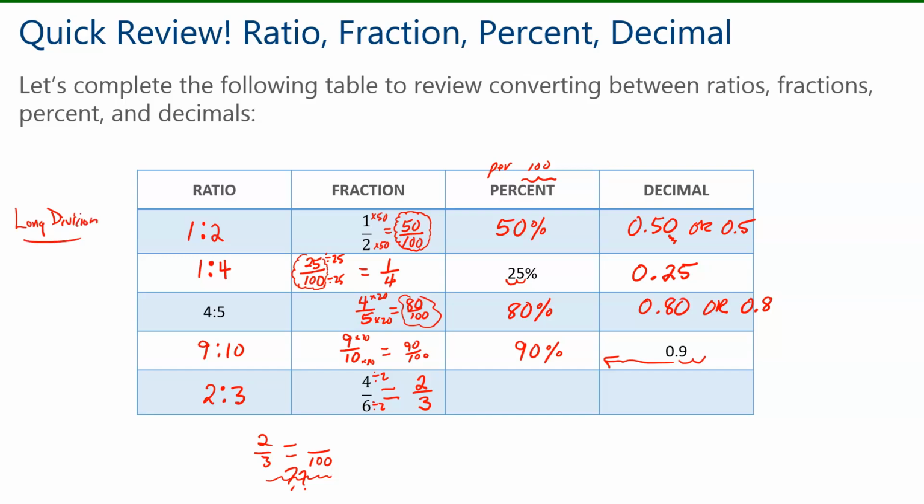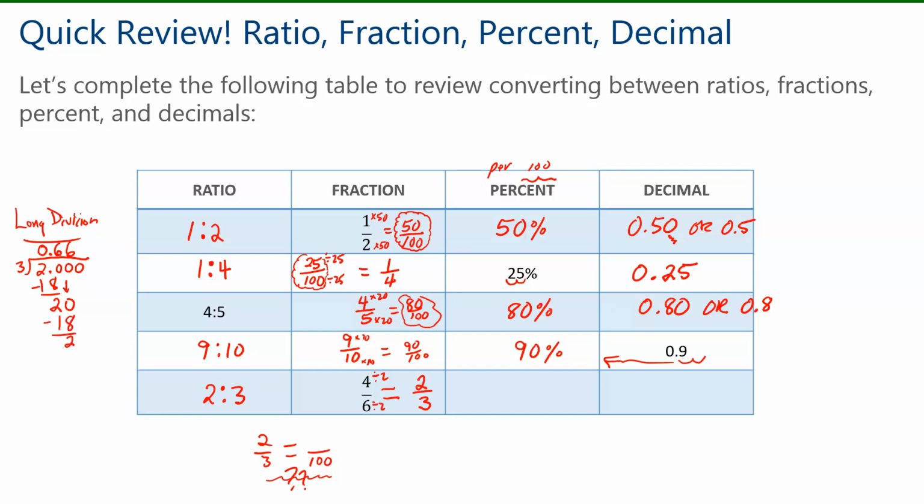To do that, I'm going to take my denominator, 3, divide into my numerator, 2, and I'm going to put in some zeros. 3 cannot divide into 2, so I put a 0, line up my decimal. 3 will go into 20, 6 times, gives me 18. Subtract, I get a 2. Bring down my next 0. 3 into 20, 6 times. 3 times 6 is 18.